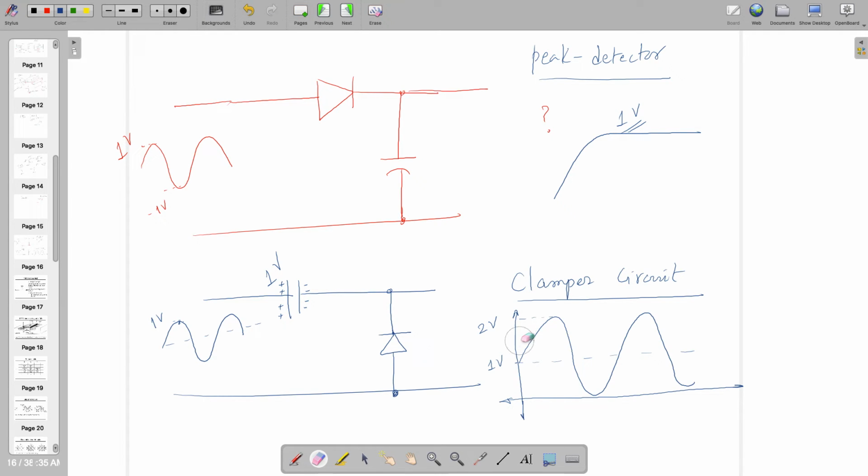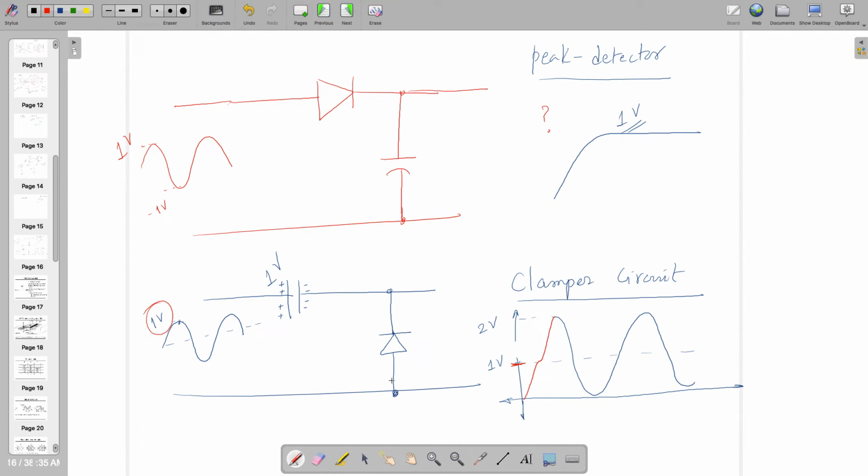Actually, it will not be like this in reality, something like this. So this is called a clamper circuit. It clamps the output at whatever you are applying here. So it will clamp at 1 volt.